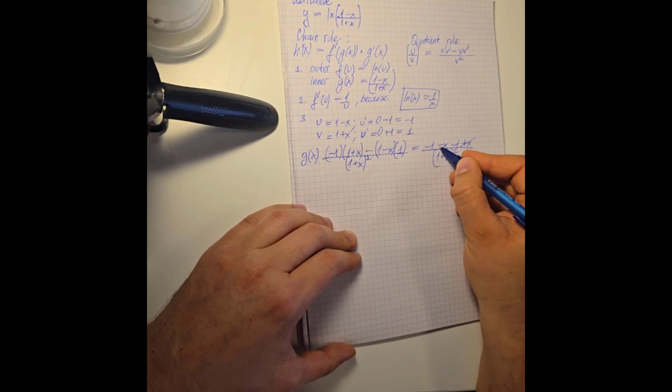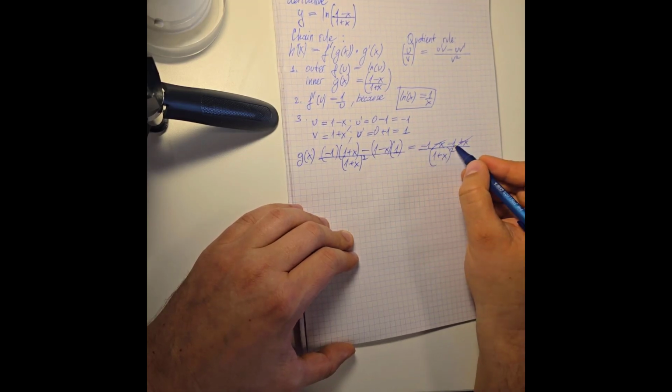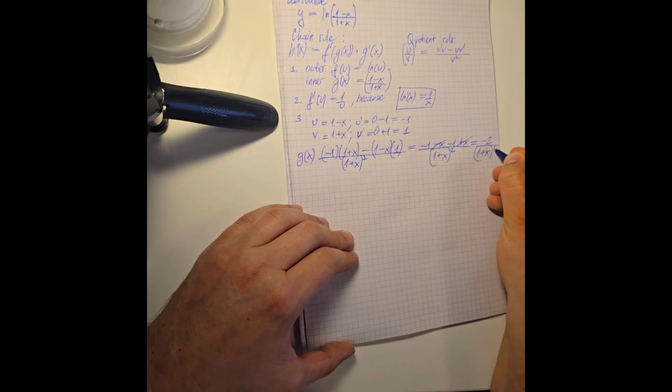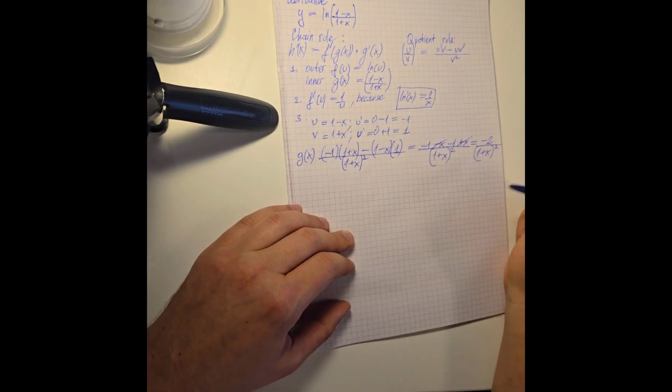So minus x and plus x are gone, and then we have minus 2 over 1 plus x squared, which is pretty good.